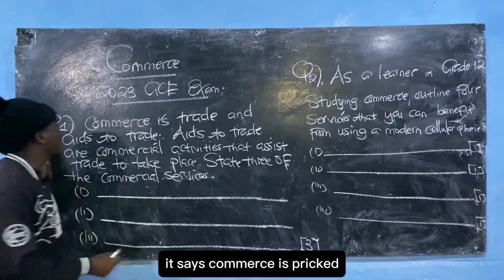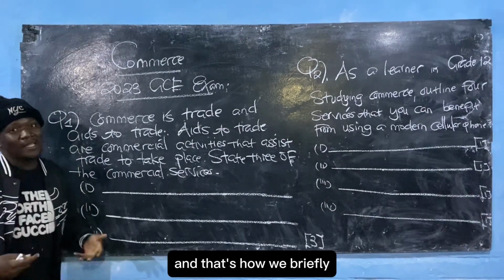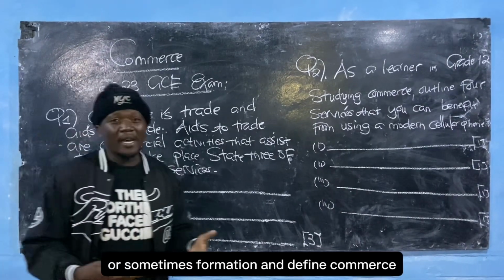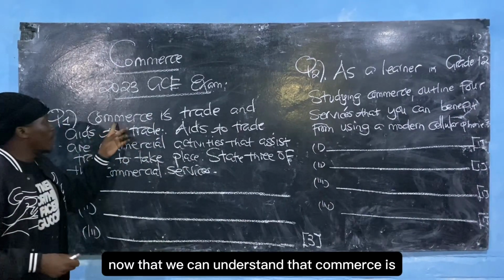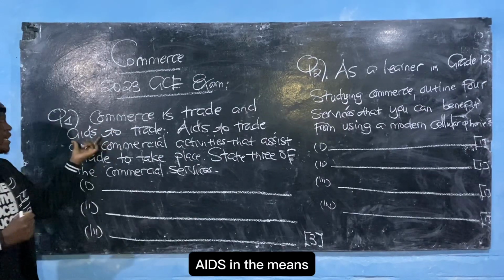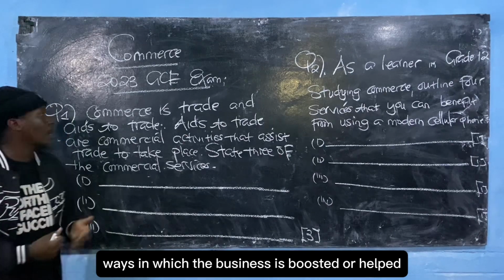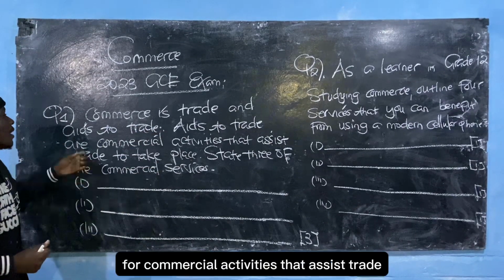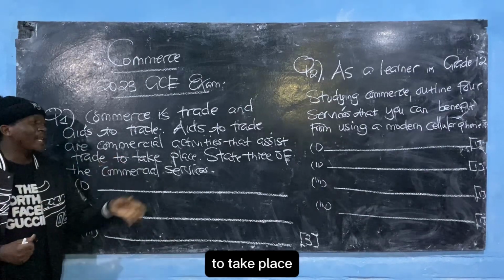On the first one, it says commerce is trade and aids to trade. That's how we briefly or sometimes commercially define commerce. Commerce is everything about business and aids to trade. Aids simply means ways in which the business is boosted or helped. Aids to trade are commercial activities that assist trade to take place.